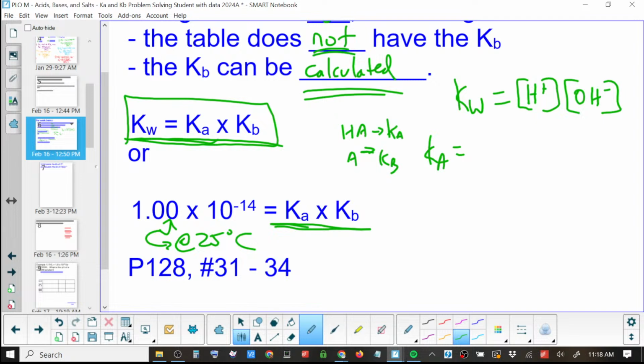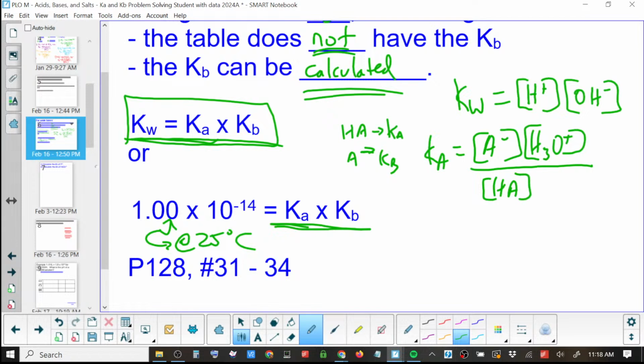No, like in the equation, it is what over what? Products over reactants. Right? So what are the products of an HA? A minus and H3O plus over HA. Right?